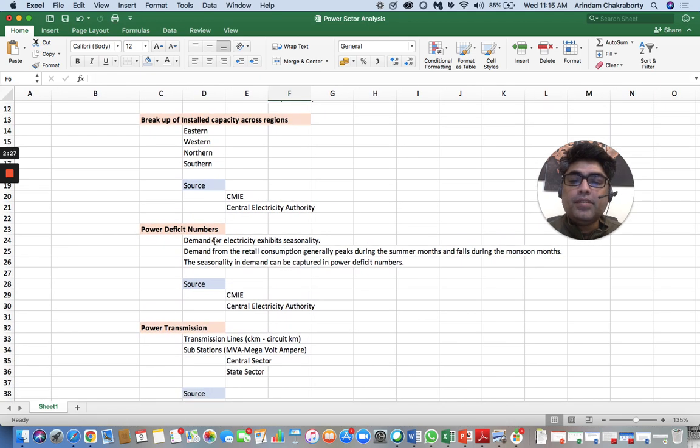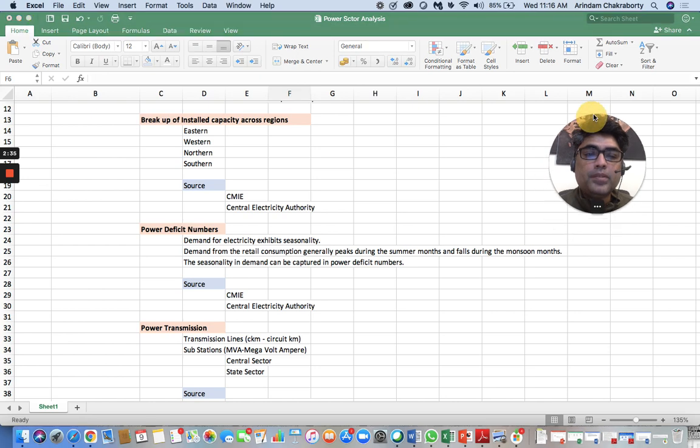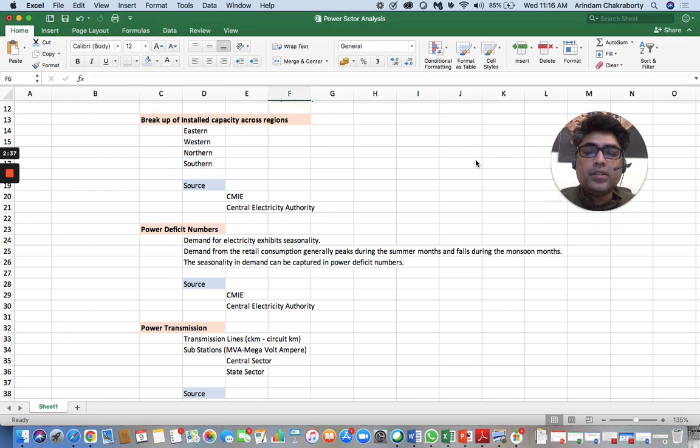Then you have to focus on the power deficit numbers, right? The demand for electricity exhibits seasonality, right? We all know that. So the demand for power is also a function of the season, because in the winter season and in the monsoon season the demand will definitely be lower, right?